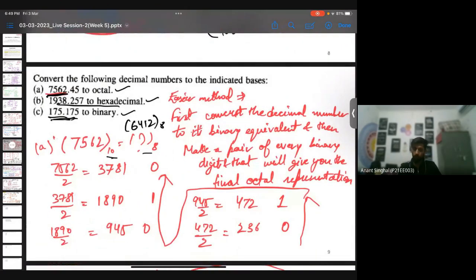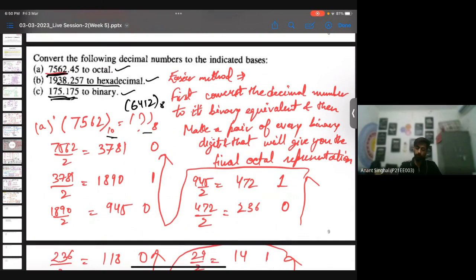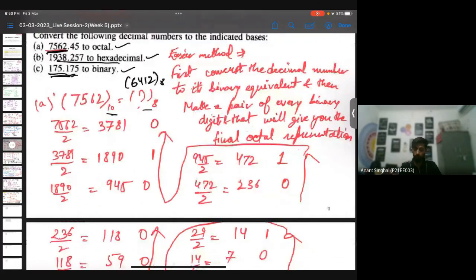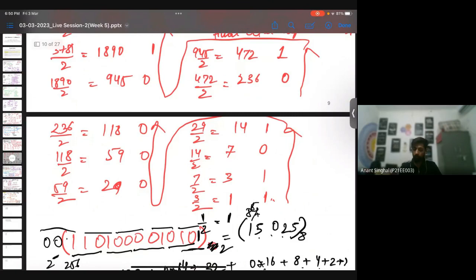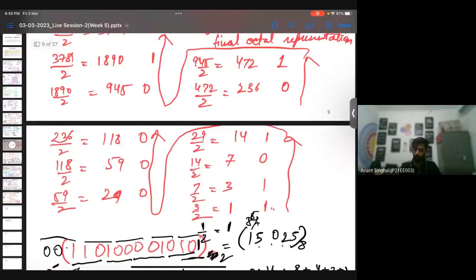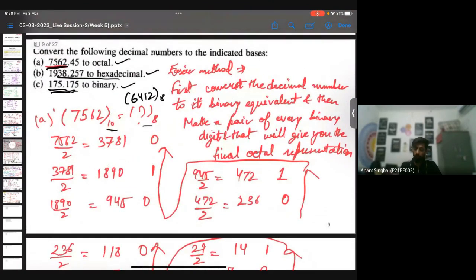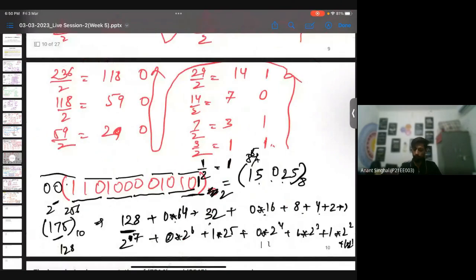Now from the decimal equivalent, we tried to find out how we can convert the number to octal and hexadecimal. Just to have some clarity, I skipped the decimal digits here and directly found the decimal equivalent of this 7562, which was a large number. The method to find the octal equivalent from the decimal is we first convert it to its binary equivalent and then take a pair of three.